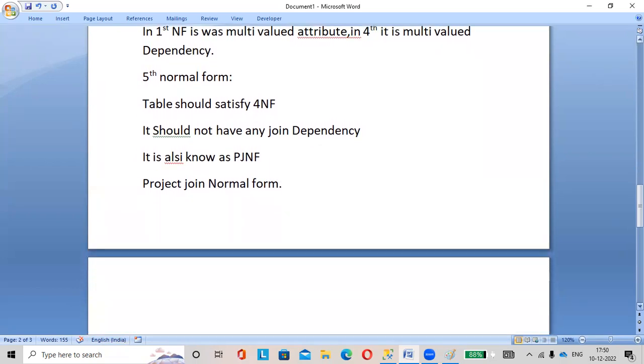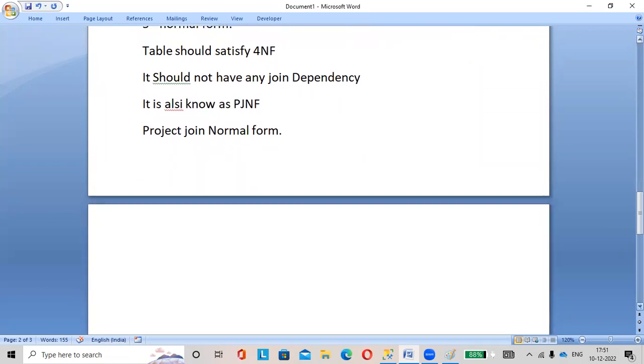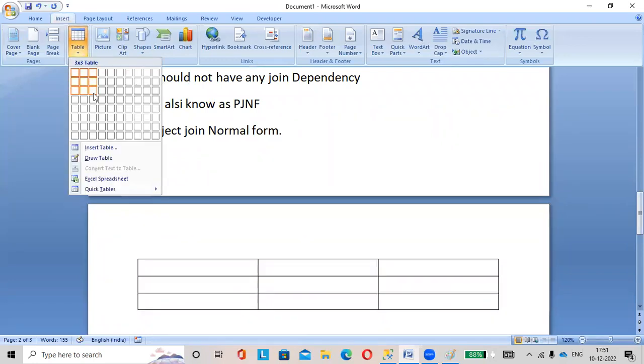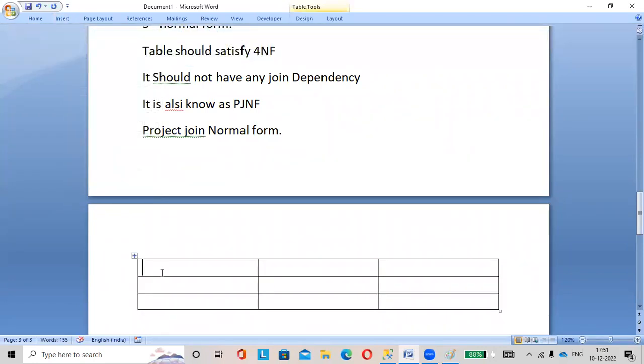We'll consider one example. Some product is there, some supplier, product, user. Okay, there are 3 columns.